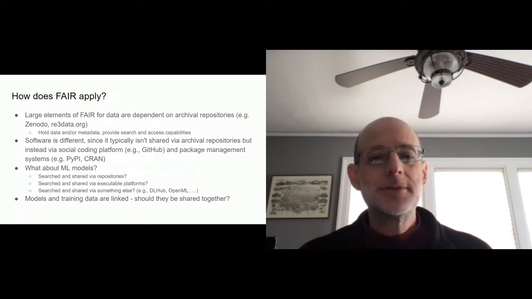Software ends up being different because it's typically not shared via archival repositories, but instead uses social coding platforms like GitHub or package management systems like PyPI and CRAN. And so if we think about this for machine learning models, how would we expect machine learning models to be deposited and searched and accessed? Is that via repositories? Is it via executable platforms? Is it through something else?